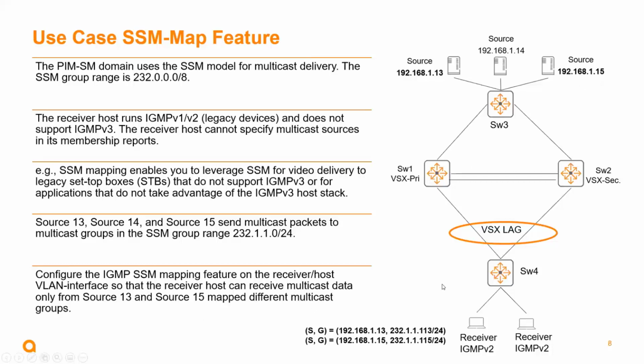So with our mapping, when we create the ACL, we take that source IP address and map it to the given multicast group, as you can see down here: 192.168.1.13 to 232.1.1.113, and 192.168.1.15 maps to 232.1.1.115. And then apply that to the interface. So to support these legacy clients, they will receive the multicast stream from that group, but from those specific sources.